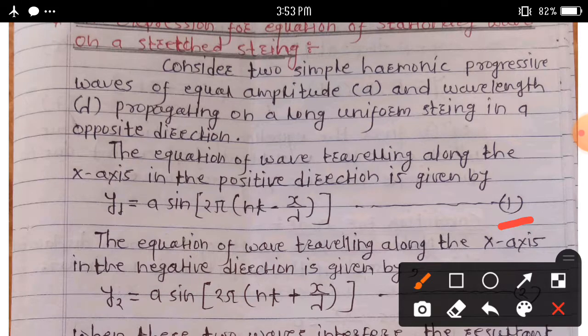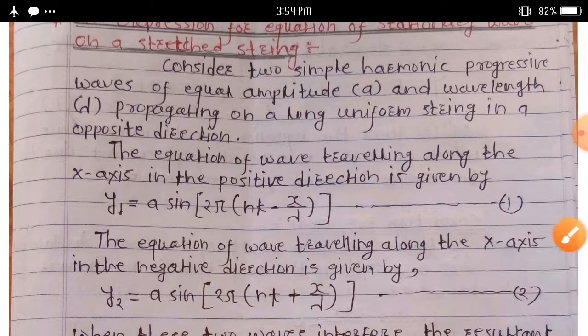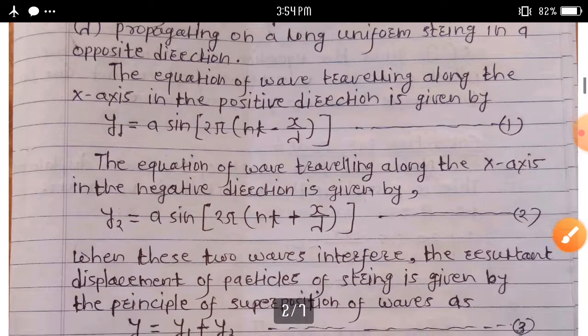Another equation: the equation of the wave traveling along the x-axis in the negative direction is given by y2 = a sin 2 pi (nt + x/lambda). The minus sign is replaced by plus here because the direction is negative. Consider this equation second.